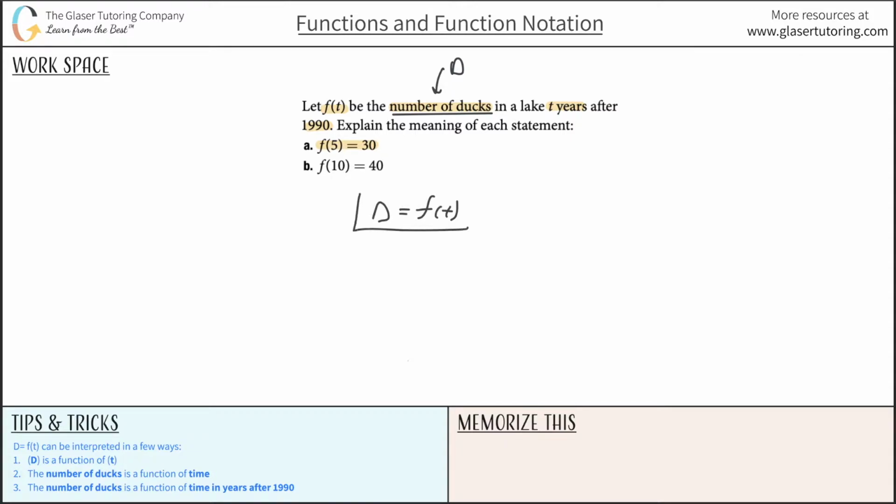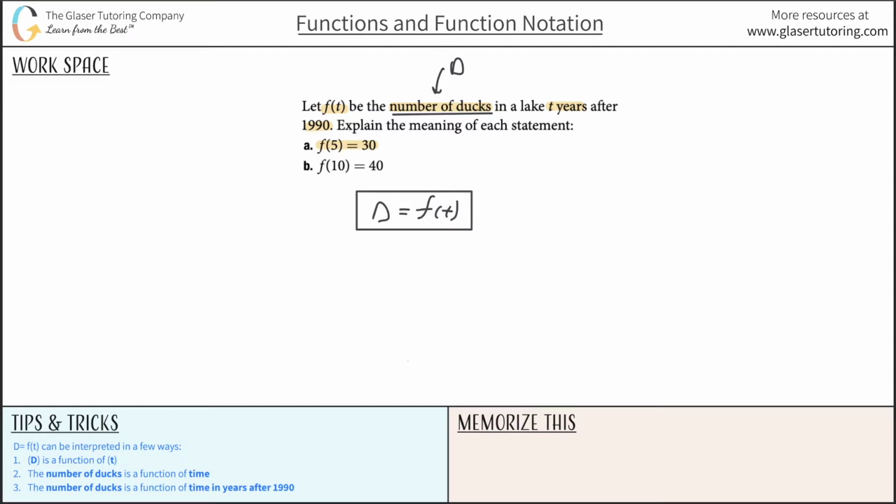Now, why this is important to create is it gives us context. I can interpret this statement in a couple of different ways. D is a function of t. Well, what is D, and what is t? D represents the number of ducks, and t represents the time, because it's said years.